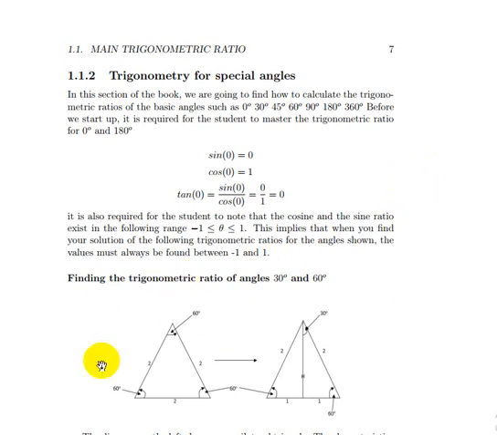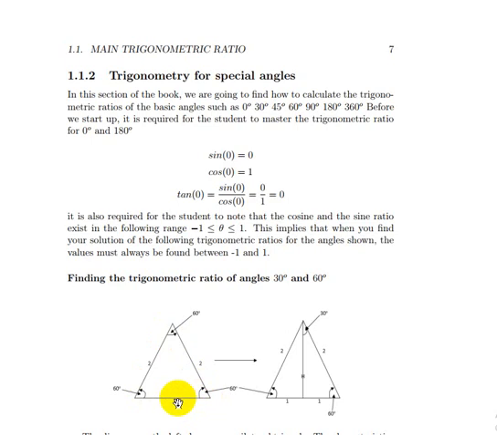Now this diagram will be used to calculate the trigonometric ratios of 30 degrees and 60 degrees. So we are going to take this first triangle. This is an equilateral triangle, and in a triangle, the sum of the angles is 180 degrees. An equilateral triangle has sides of equal length, and its angles are also equal.